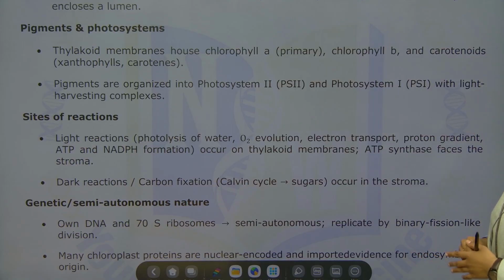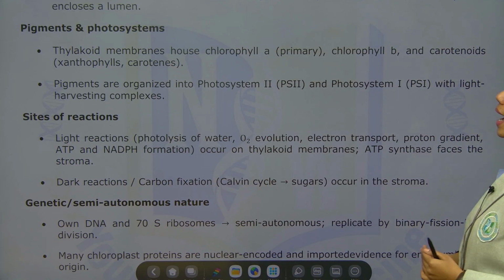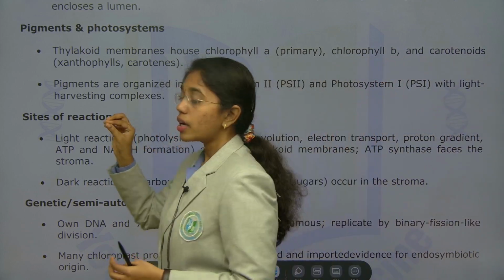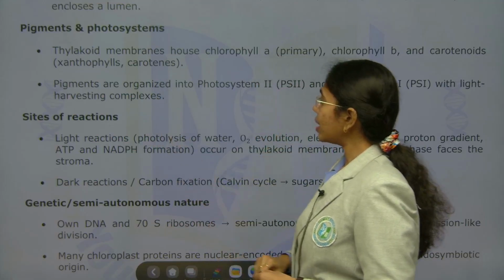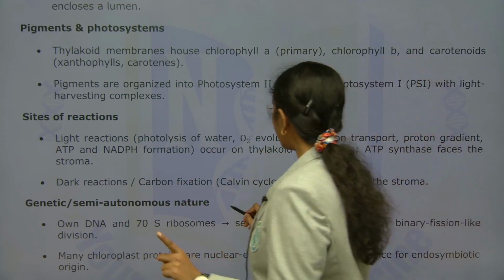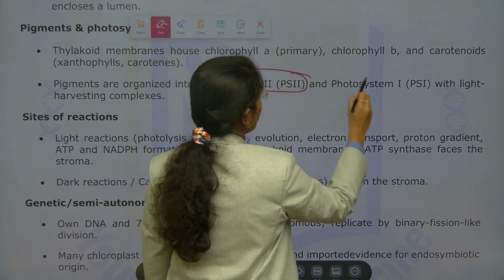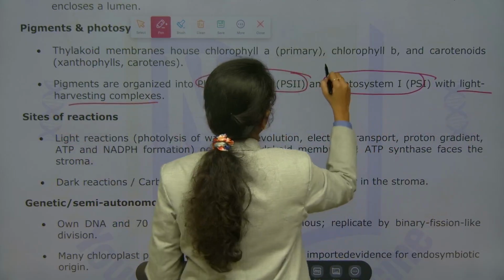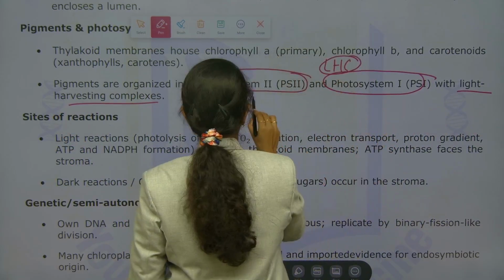Now about pigments and photosystems. Thylakoid membranes have chlorophyll A, chlorophyll B and carotenoids. Carotenoids include xanthophylls and carotenes. These pigments are organized into two photosystems. Remember, photosystems are light harvesting complexes. They will have two sets of pigments.